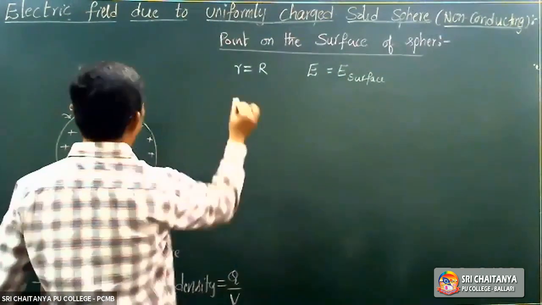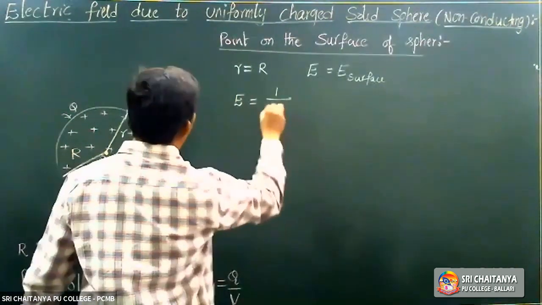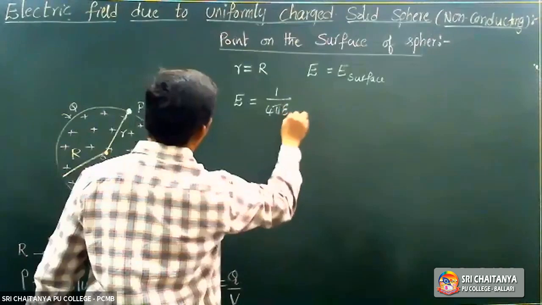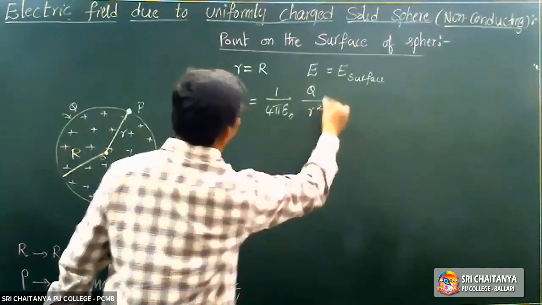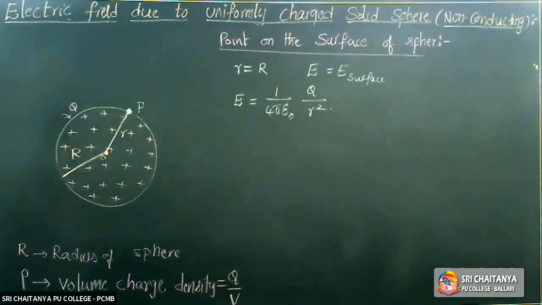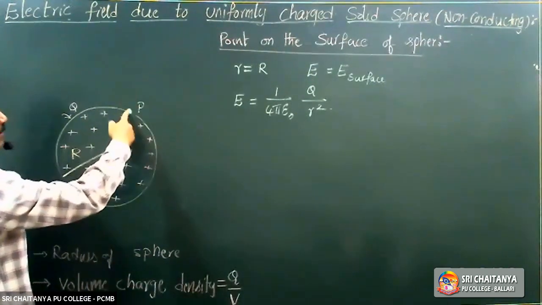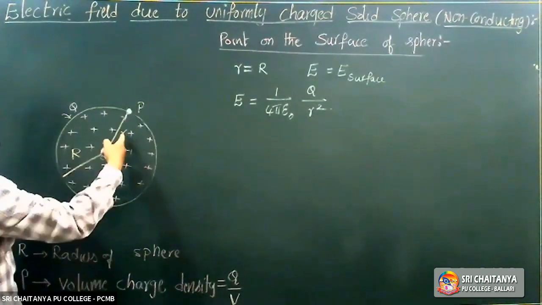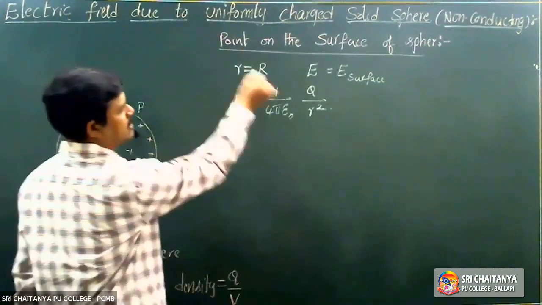Come on. We know what E is at outside: 1 by 4 pi epsilon naught Q by r square. Just as we derived, 1 by 4 pi epsilon naught Q by r square is the field at an outside point. Whenever that point comes onto the surface, the distance small r equals capital R. Substitute it.